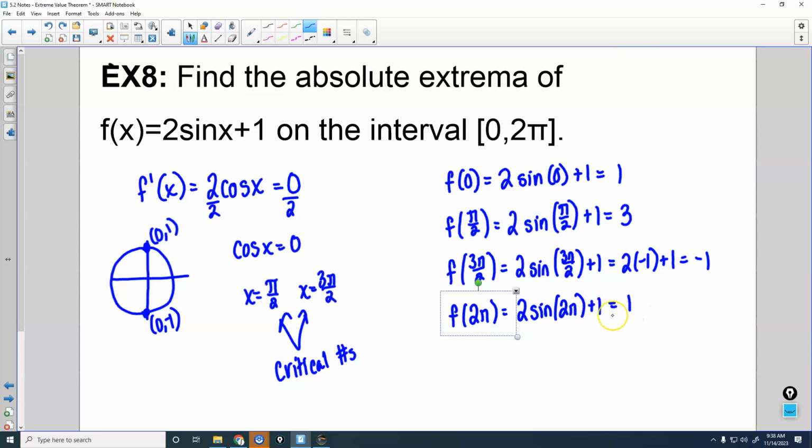So you'll get 1 again. We are looking at these 4 numbers and deciding what is our maximum and what is our minimum. So 3 is going to be your maximum. The negative 1 will be your minimum. You would make your conclusion, but for the sake of time, I'm not going to do that because I'd like for you to do a couple of problems before you go.